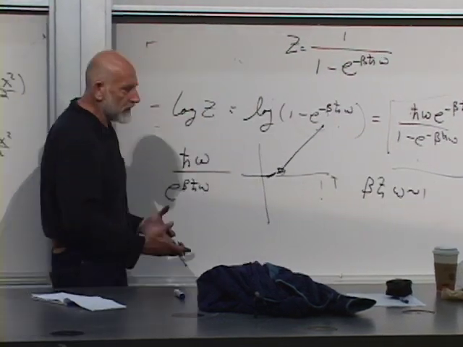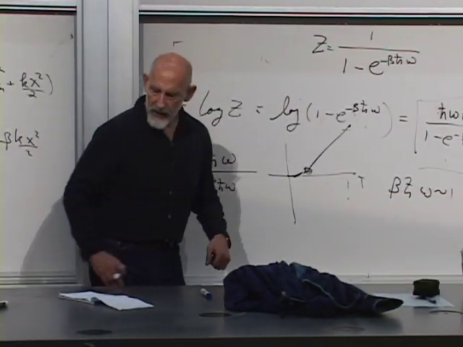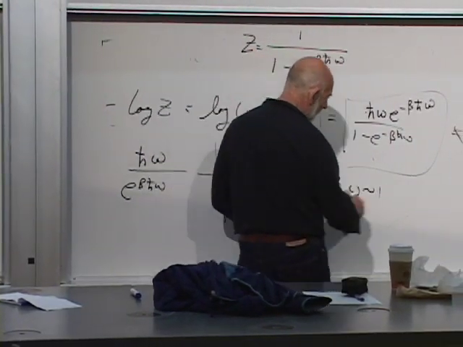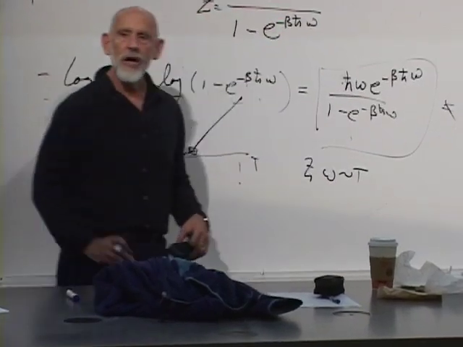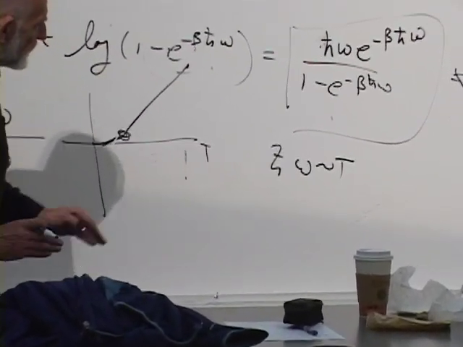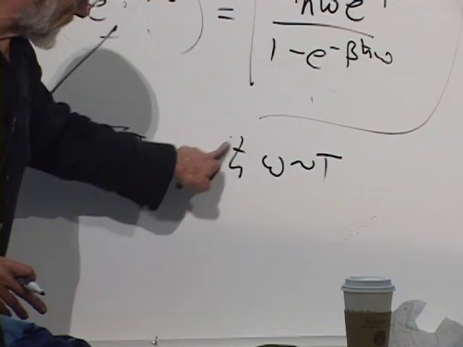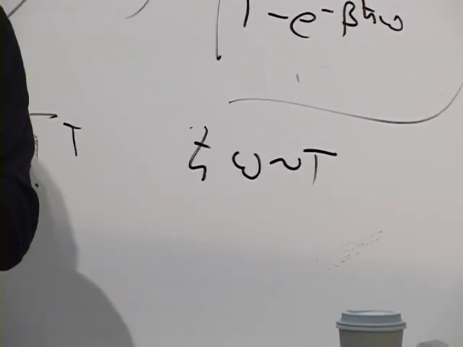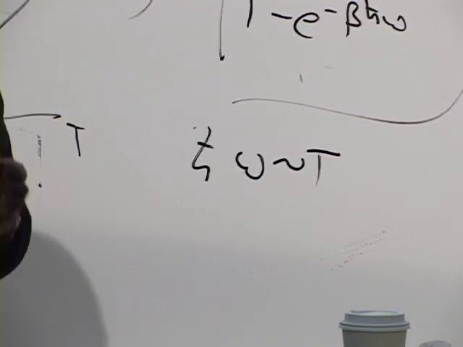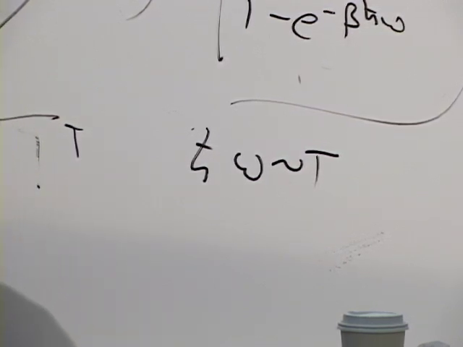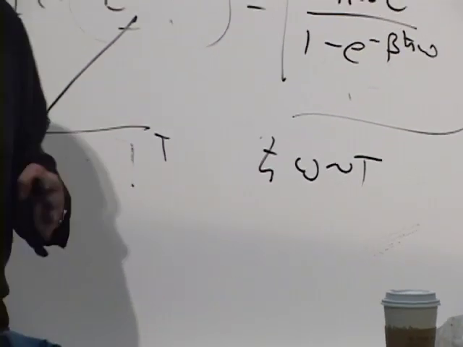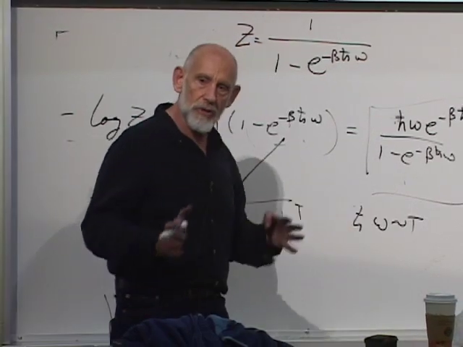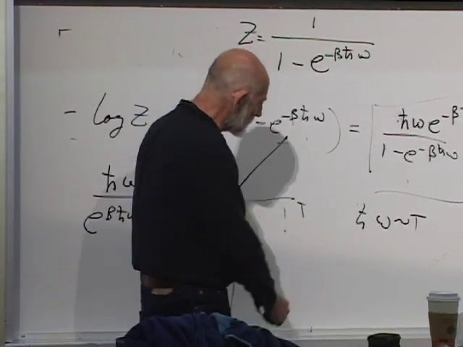But what is beta? Beta is 1 over temperature. So what happens when the temperature is about equal to h bar omega? In other words, when the temperature is high enough that the classical approximation would allow the system to have one quantum's worth of energy. Below that temperature, the oscillator is frozen. Above that temperature, it doesn't realize that it's not a classical harmonic oscillator, and somewhere in between the transition happens.